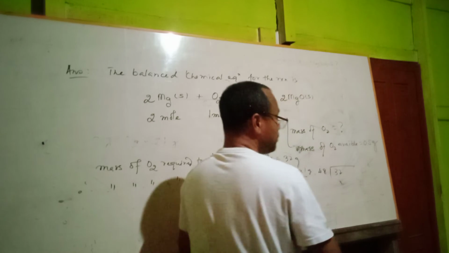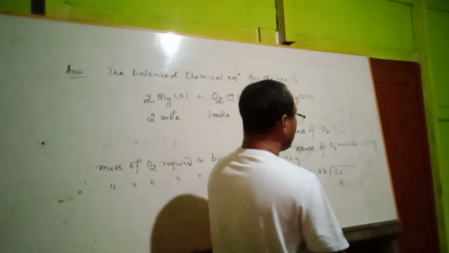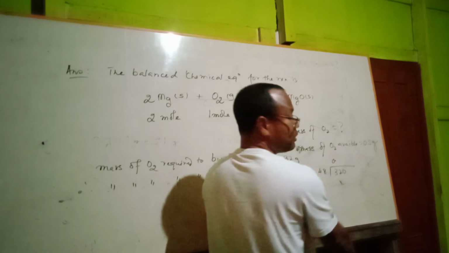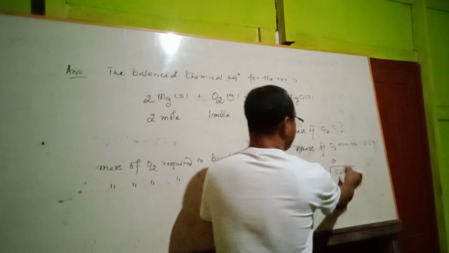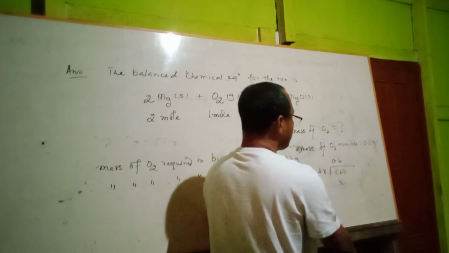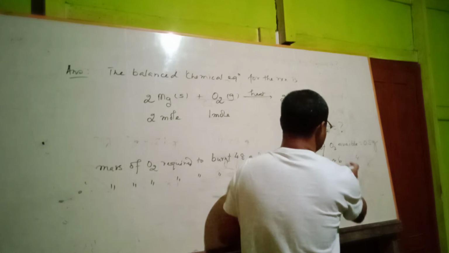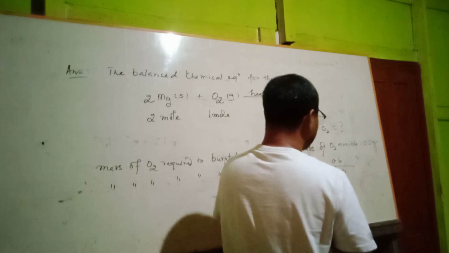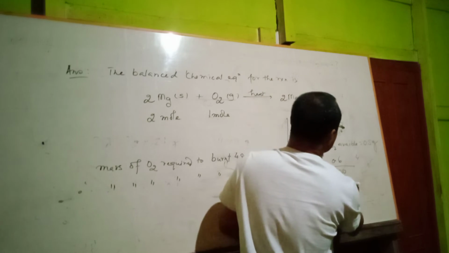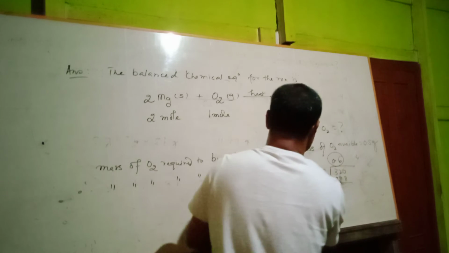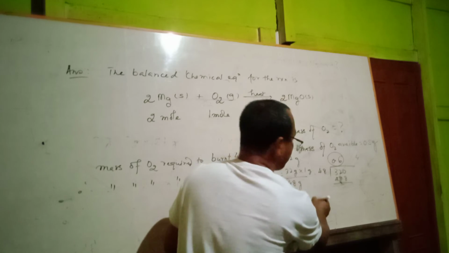Since 48 is more than 32, let me put a 0 point. So it is 0.6, because 6 times 8 is 48, and 6 times 4 is 24, plus 4 is 28. That means the answer will be 0.6 gram, right?